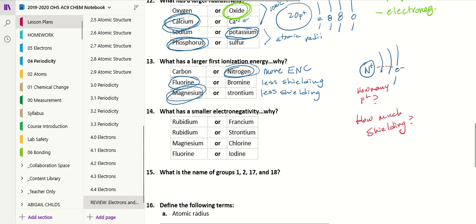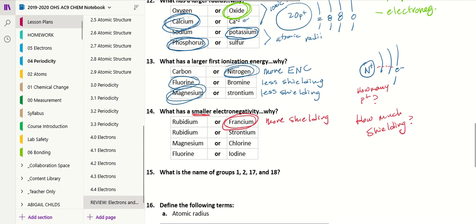All right, I changed it up on you. Smaller electronegativity. So, in this case, rubidium and francium. Why francium? Has more shielding. So, it has less attraction and therefore smaller electronegativity. What about rubidium and strontium?